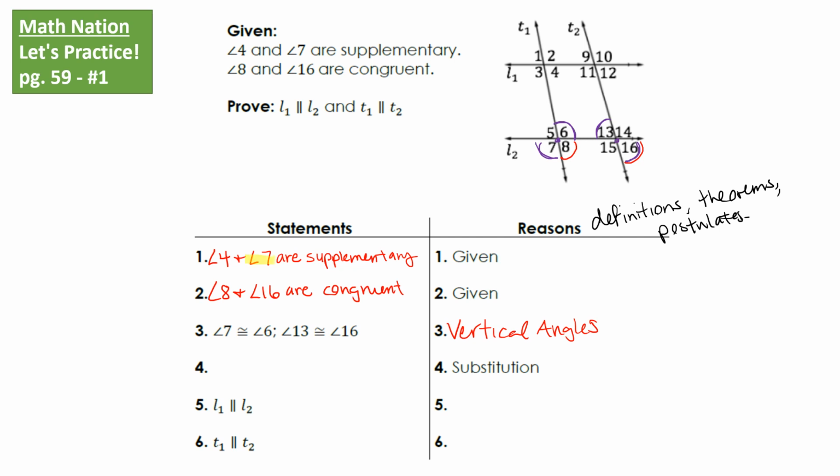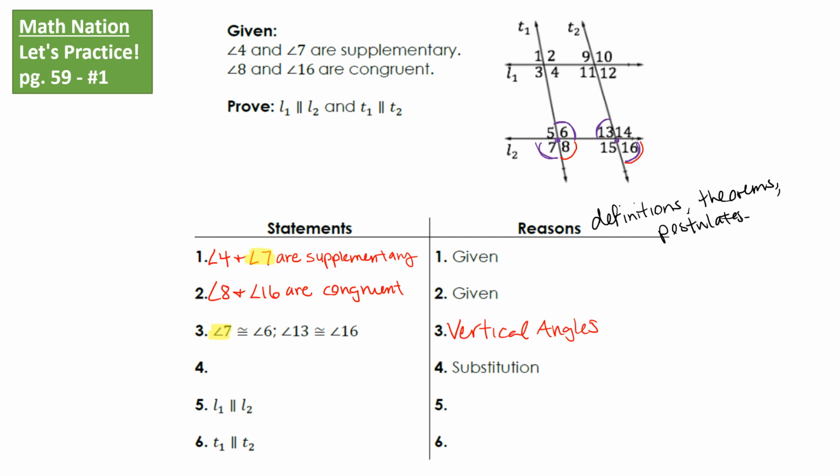So I noticed that angle 7 was also mentioned in statement 3. And statement 3 says angles 7 and 6 are congruent to each other. So if 7 and 6 are congruent to each other, that means that they're the same angle.